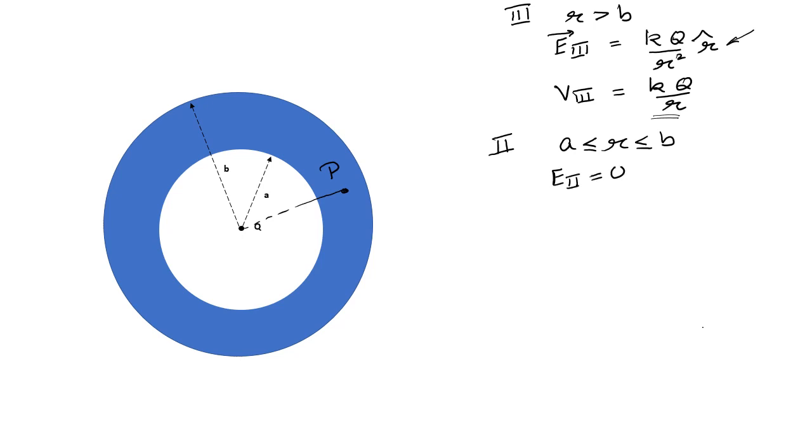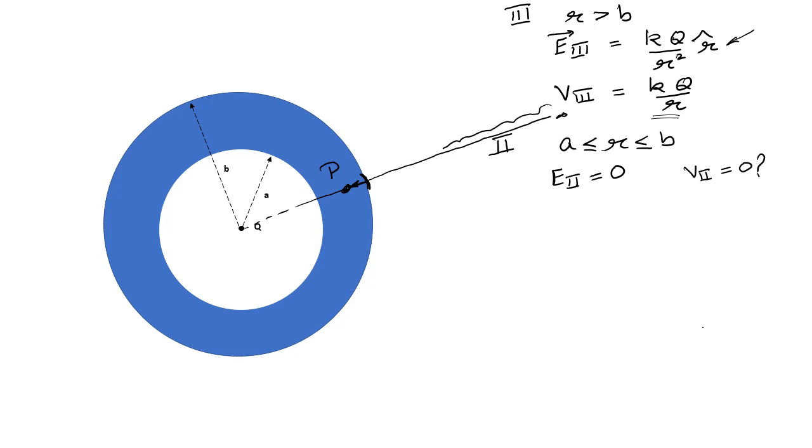It is a conductor, but the potential is not 0. We have to remember, to reach this point, we had to travel all the way from infinity first up to this region, and then across the region from there to there.